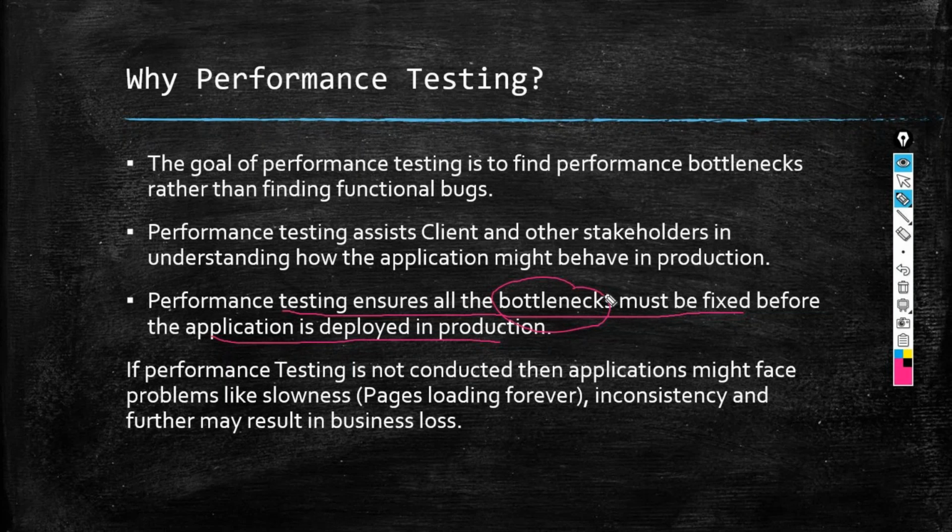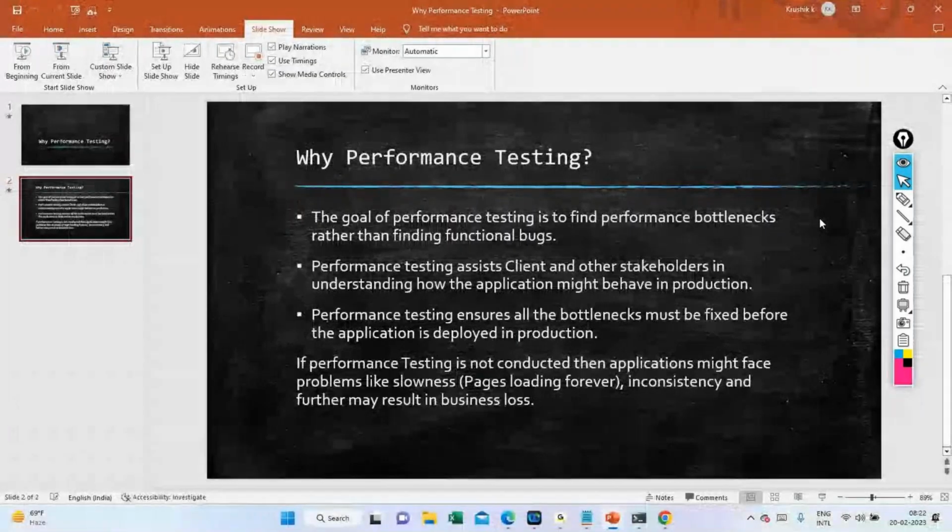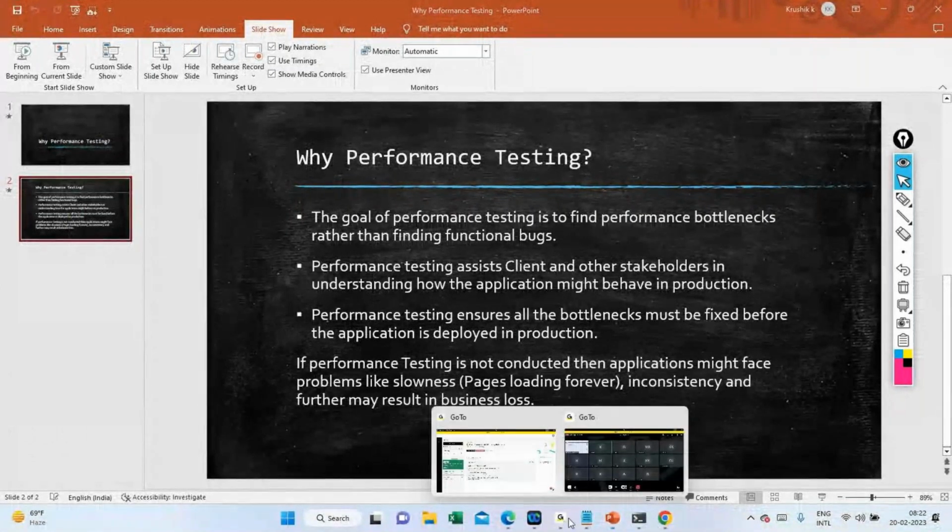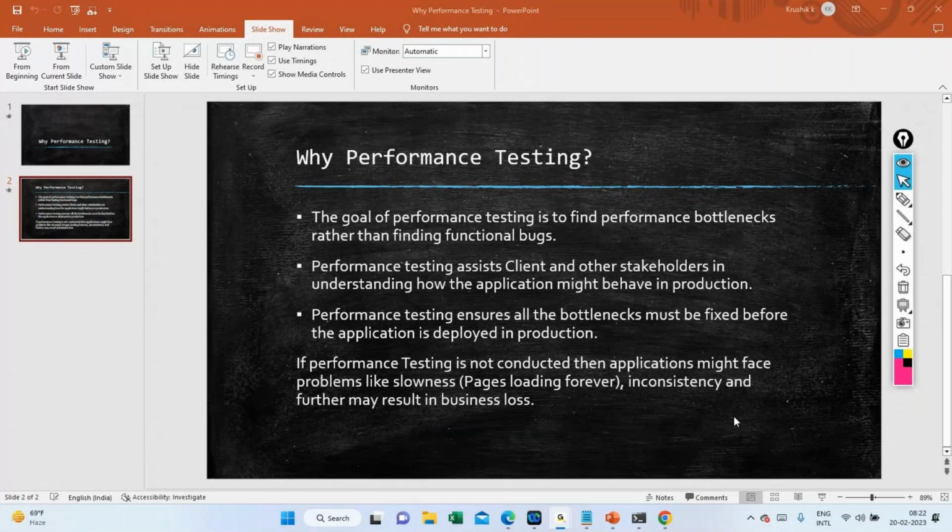If you see the first statement here, the goal of performance testing is to find performance bottlenecks or performance issues rather than functional issues. Hope you got some clarity about what performance testing is and why it is very important.